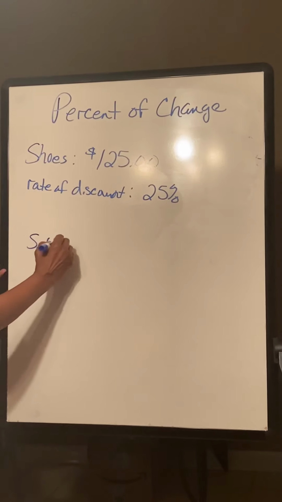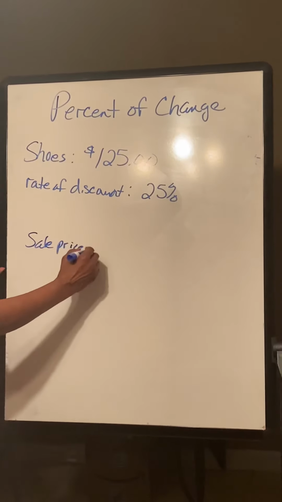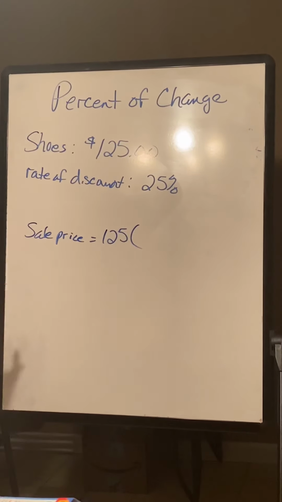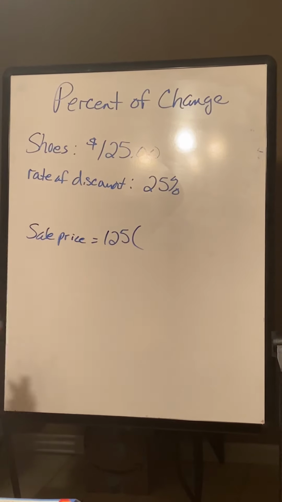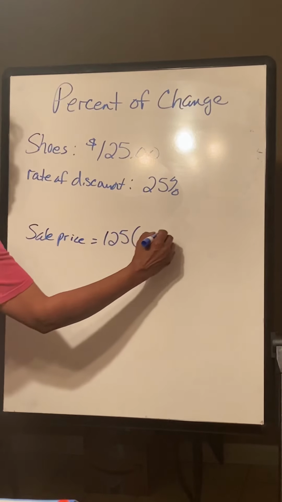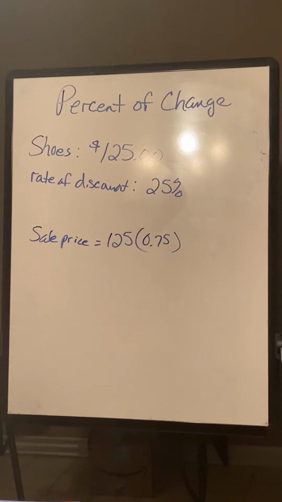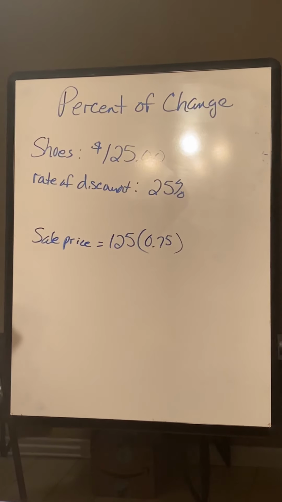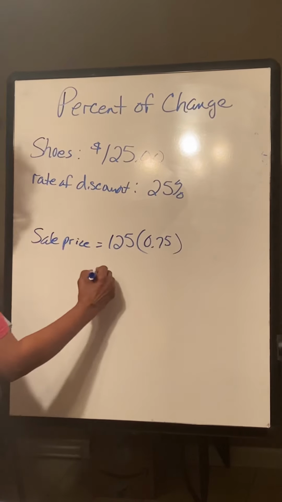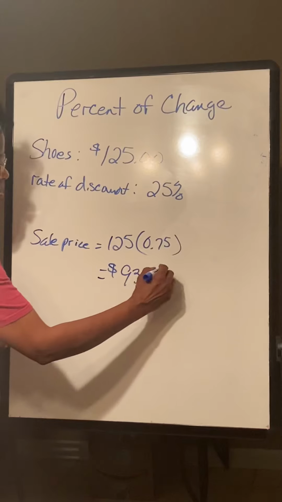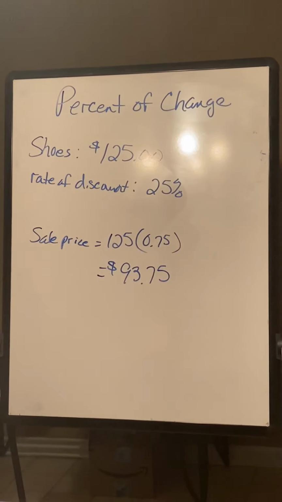So I could get the sale price by taking the $125, multiply times the percentage that I'm going to pay, and I'm going to pay 75% of the cost. And that is going to take me directly to what it's going to cost for me. So those shoes will cost me $93.75. That takes me directly to it.